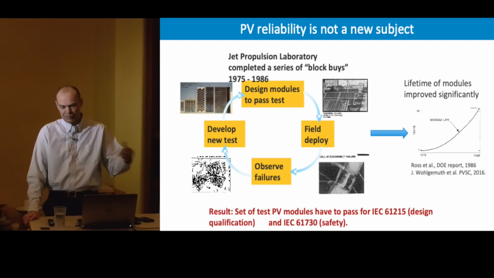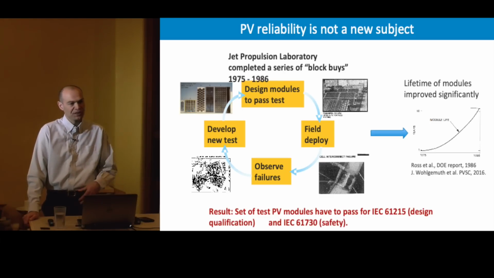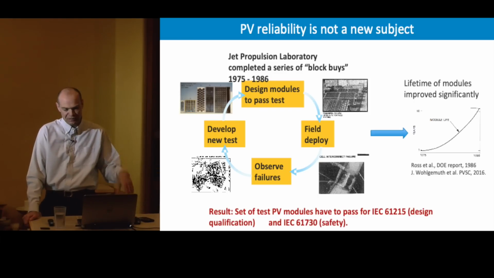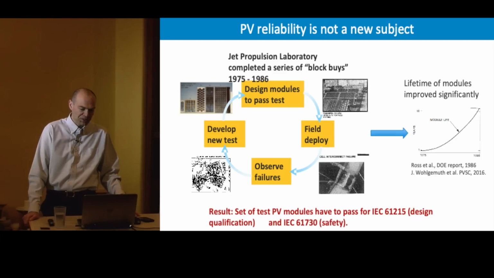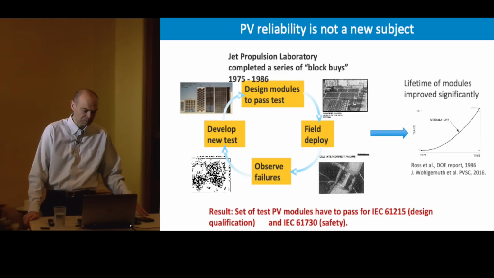So they went out and bought all the designs that were available on the market. They tested them, they field deployed them, and looked at how they failed. And then they fed that information back to the manufacturer and developed a new test for this. So they went around this cycle 5 times, and they increased the lifetime of modules from under a year to over 10 years in that time frame.